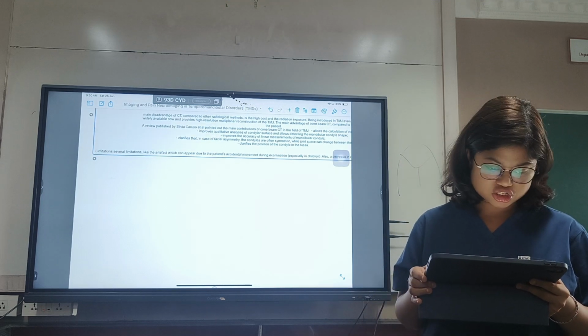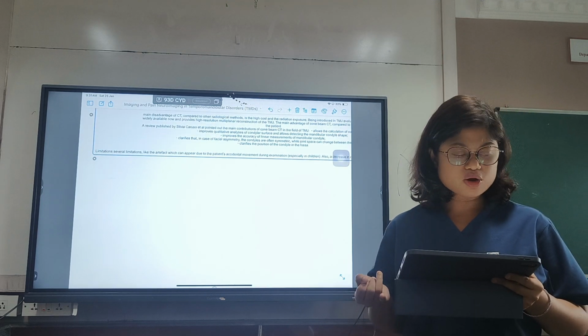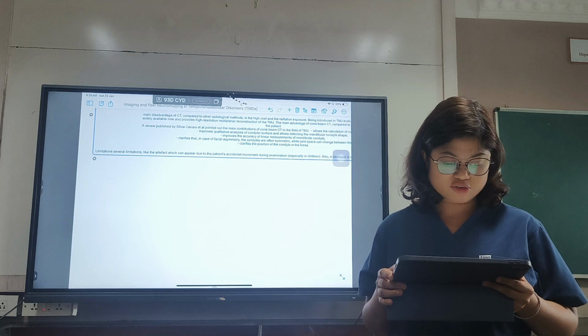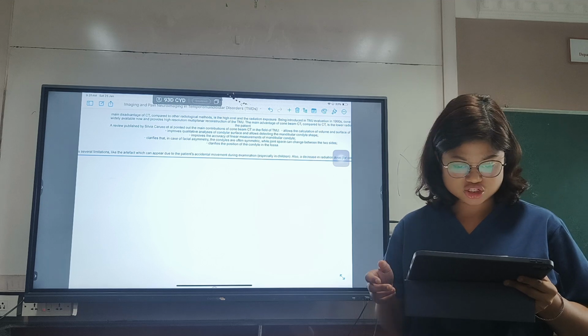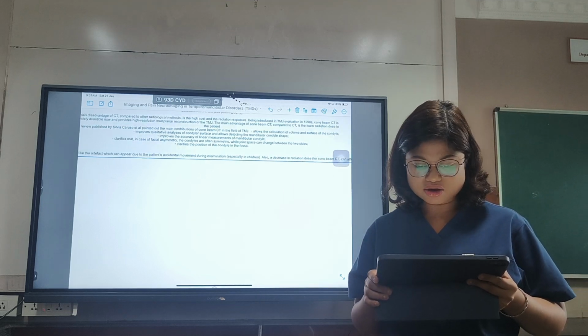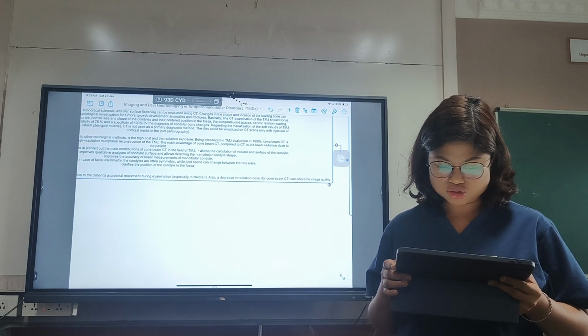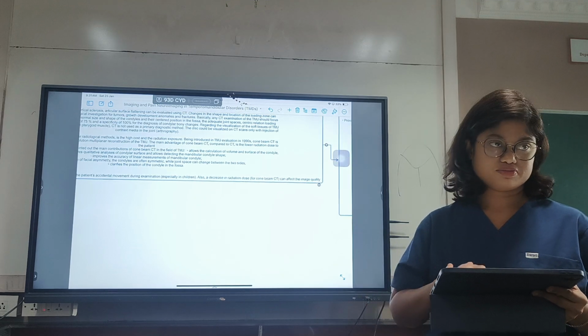But it has limitations also. The main one is the projection artifact, which can appear due to the patient's accidental movement during the imaging and examination, and also a decrease in radiation dose can affect the image quality.